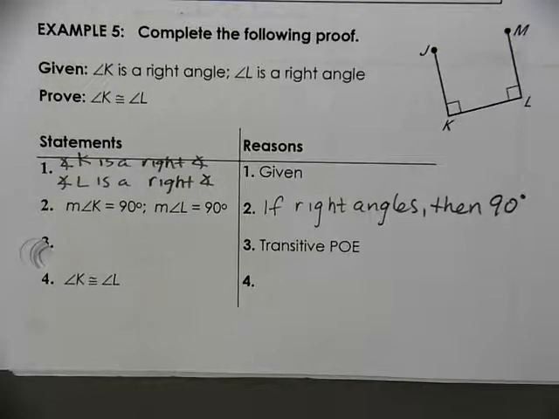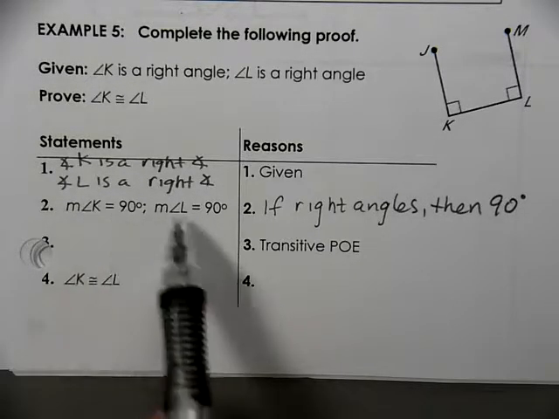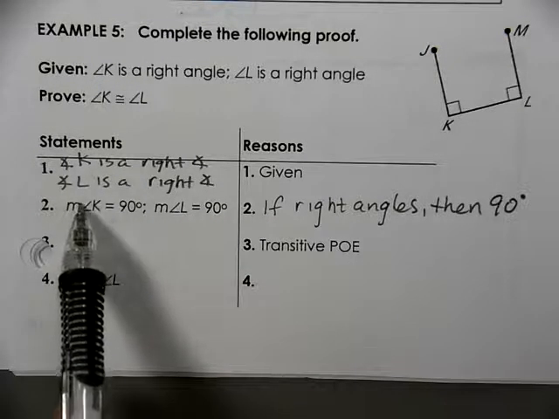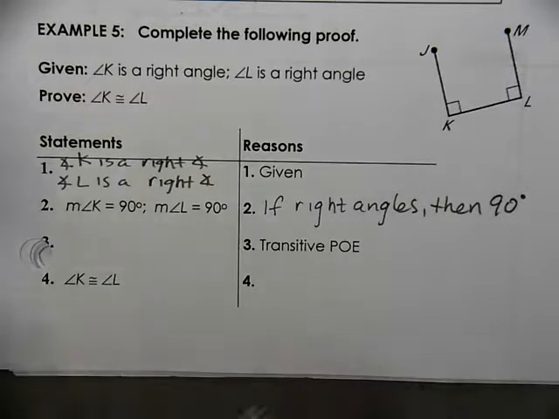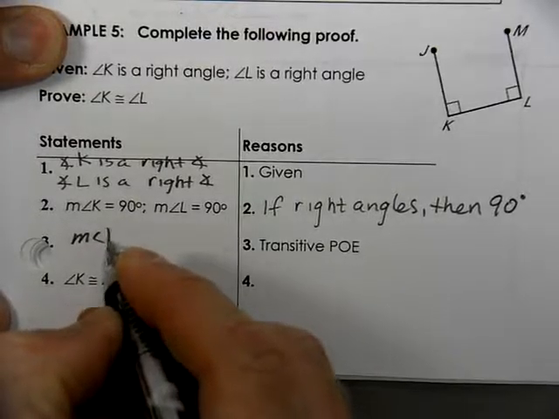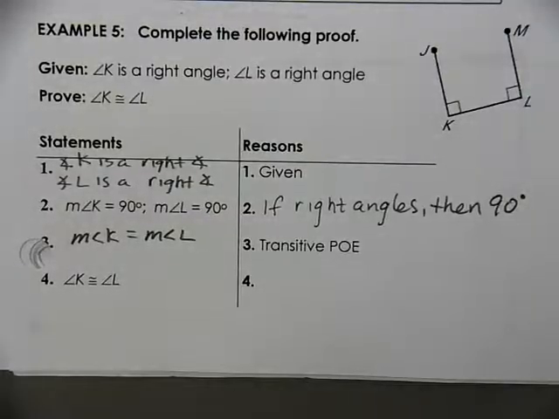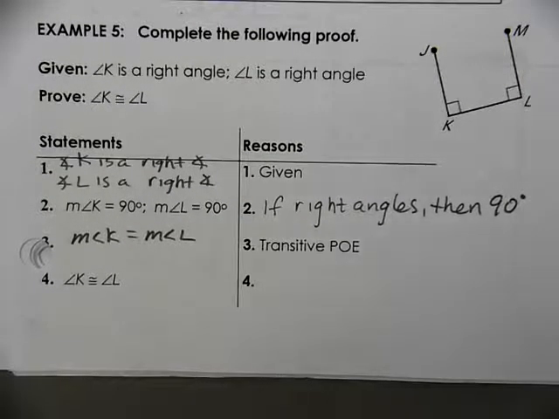So this is the if-then statement that helps us switch from 90 into a number. Notice that we have both pieces here, K and L, that are both equal to the same thing. So it's kind of like A equals B and B equals C, so A equals C. And that's the transitive property of equality.